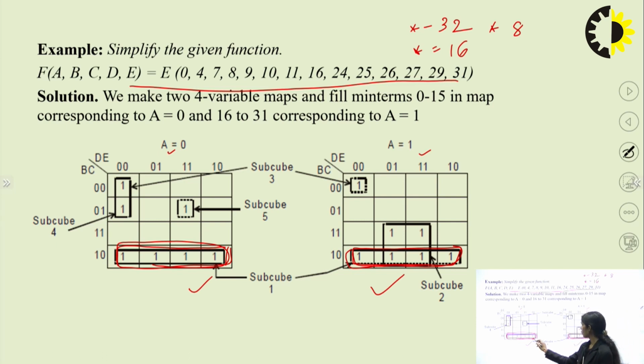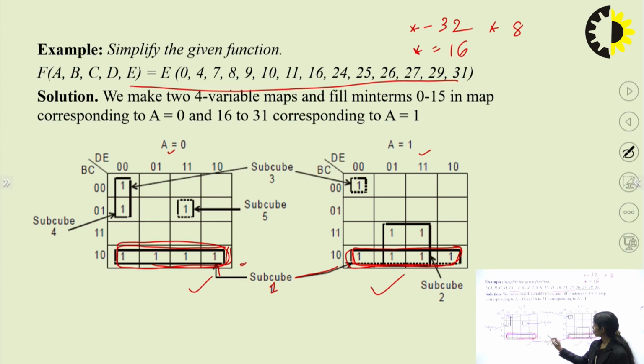So this can be called subcube 1. This is group 1, subcube 1. After this, we find the groups by comparing K map 1 and K map 2. In that we have to identify how many same groups of ones are formed here.